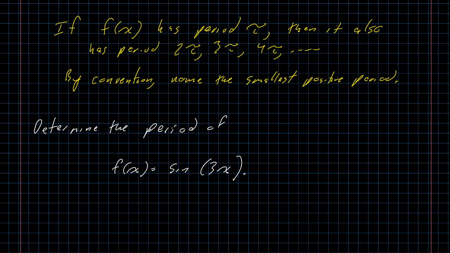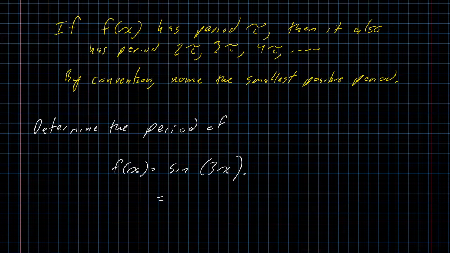So for example, if I have to determine the period of the function f of x equals sine of 3x, well, I can use what I know to my advantage. Because I don't know the period of sine of 3x, but I do know the period of sine of x is 2 pi.